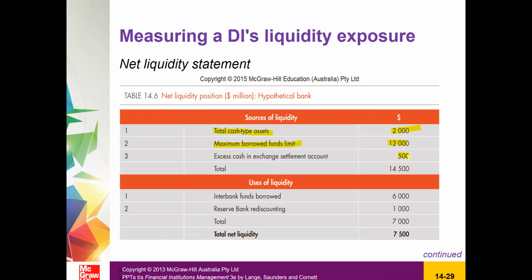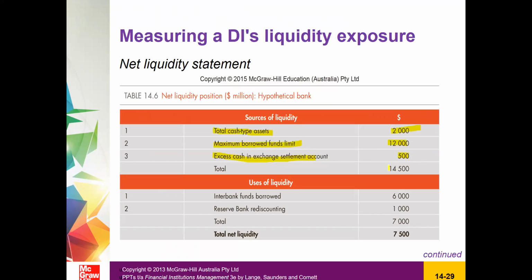They sometimes hold some excess cash. For example, when the liquidity reserve requirement is 10%, $1 needs to be kept in liquid assets for every $10 deposit. Now, a depository institution may hold $1.5 for every $10 deposit. So this additional $0.5 is the excess cash, which is also a source of liquidity.